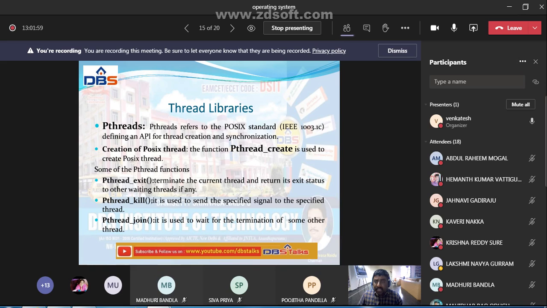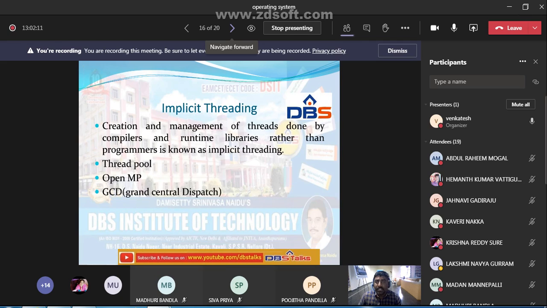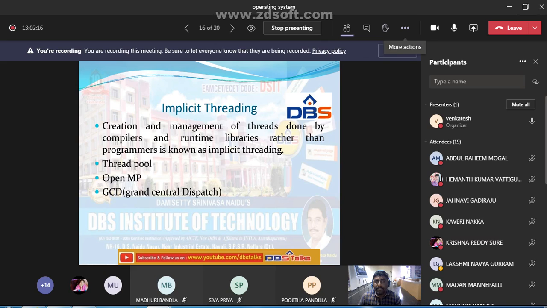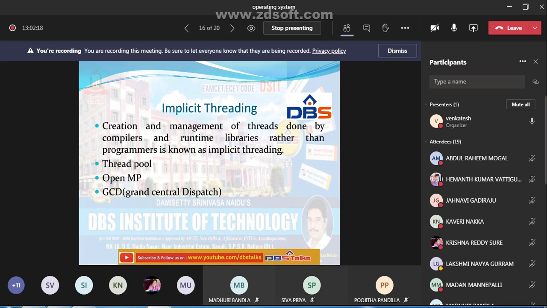These are the three different types of pthread functions we use in the POSIX pthread library: pthread_exit, pthread_kill, and pthread_join. So this is regarding thread libraries.